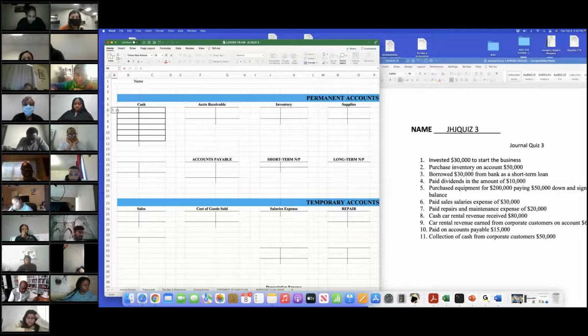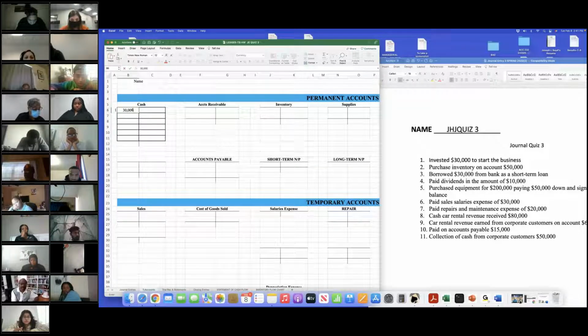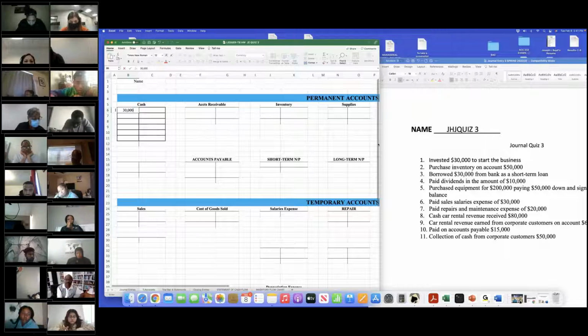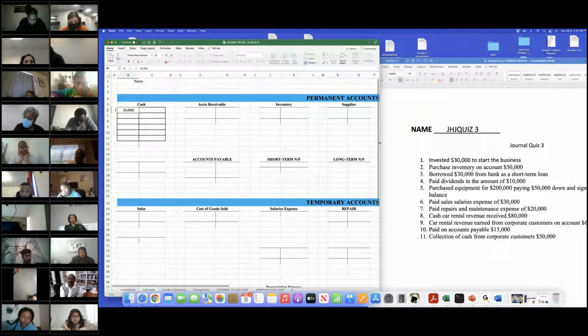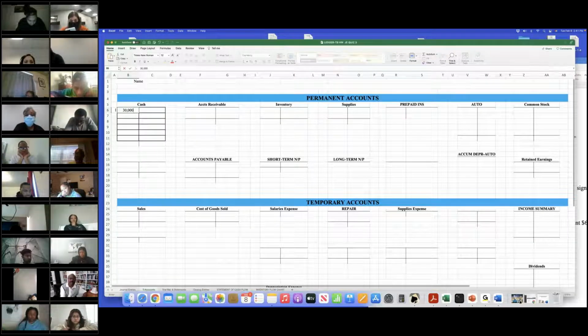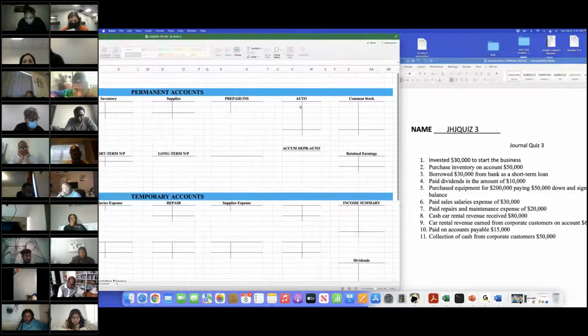We're going to put 30,000 here because it was a debit in the journal entry, so it's a debit in the T accounts. We're going to go all the way over here to common stock, and we're going to credit common stock for 30,000. And that's going to be journal entry 1.